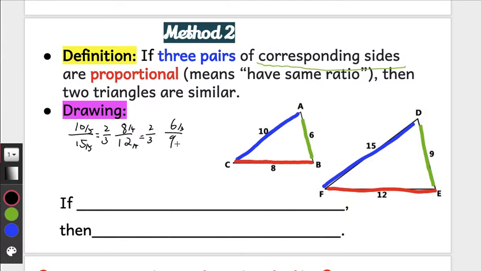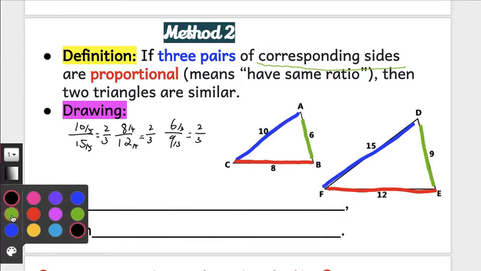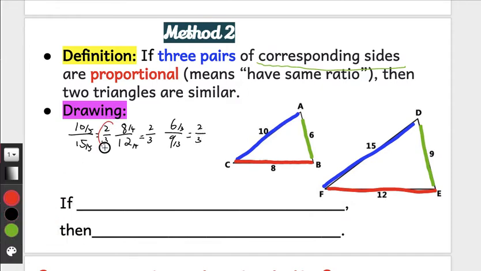And if I divide by 3, you will notice that it's also 2 over 3. So all the ratios are equivalent when we simplify. Even though the first time we write down the numbers they're all different, when we simplify, they actually equal the same ratio. So that means all the ratios are equal. So I can write down 10 over 15 equals 8 over 12 equals 6 over 9. That means they have the same ratio, so we can come to the conclusion they are similar.